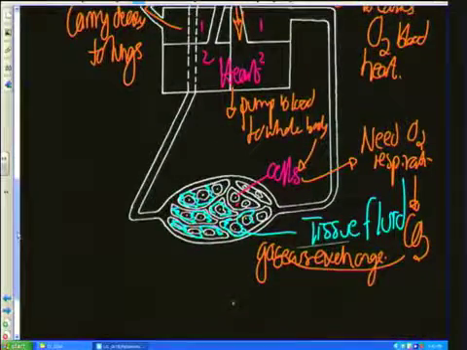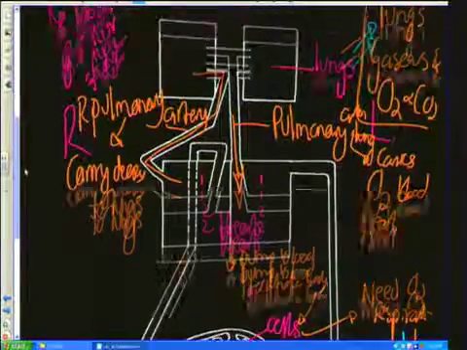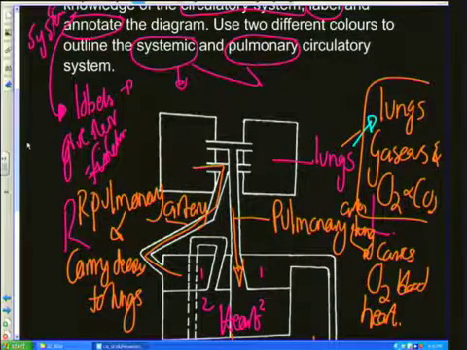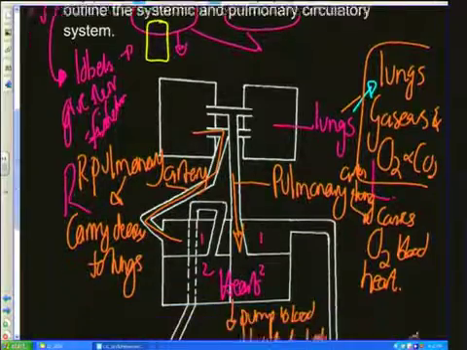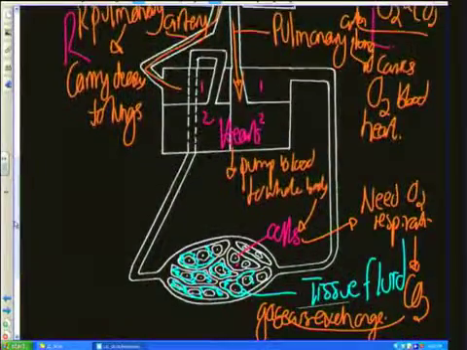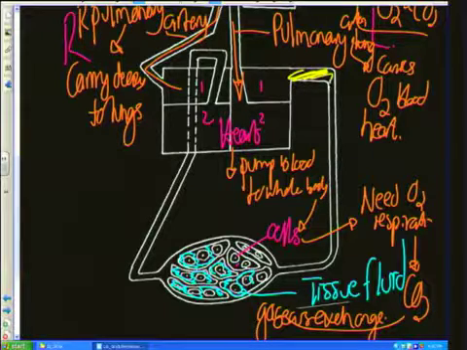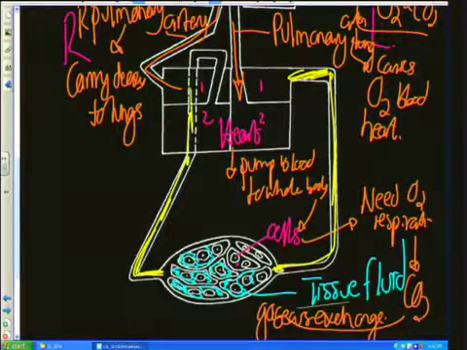Now all that we have to do is color in which is my systemic and which is my pulmonary. I'm going to choose yellow for systemic. Systemic is from the heart to the rest of the body, and from the body to the heart.